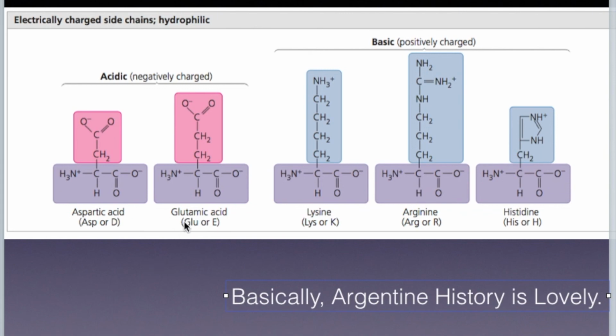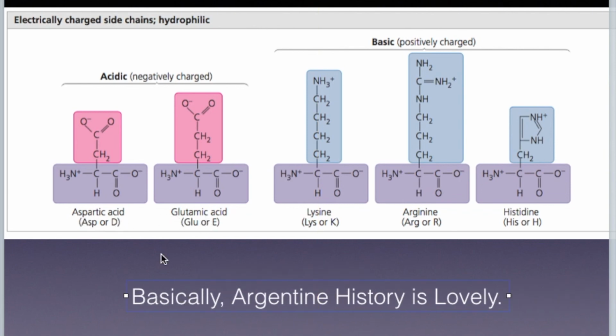You may see that they are quite similar in word structure to asparagine and glutamine. So the two that are acidic are negatively charged, and they are aspartic acid and glutamic acid. Right, so these are the 20 amino acids that you will need to memorize when we are talking about biology.